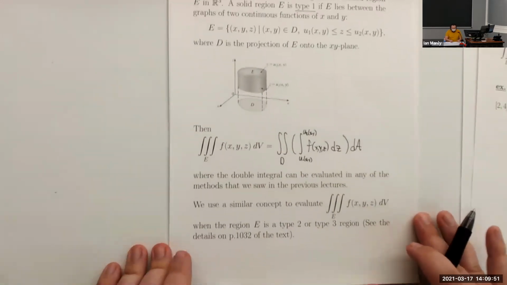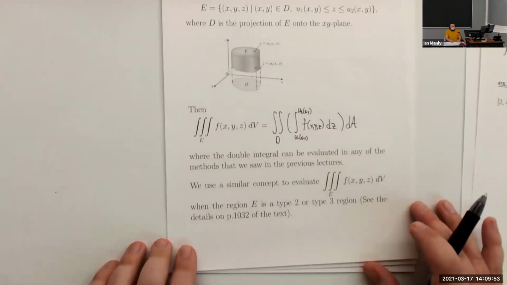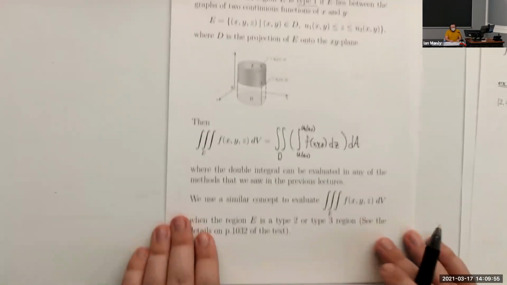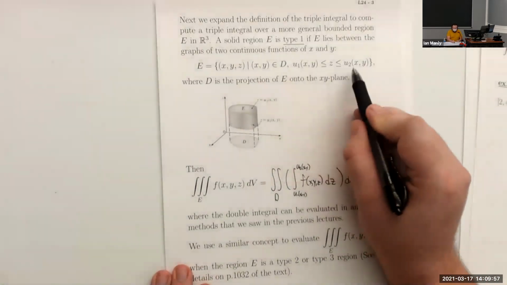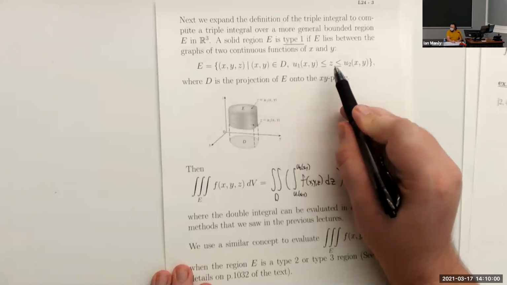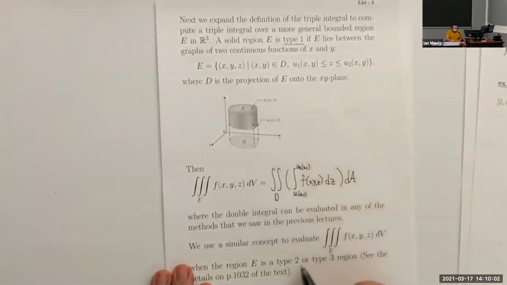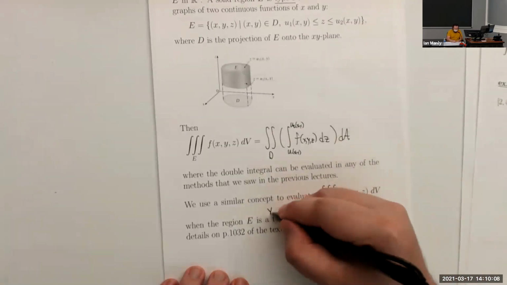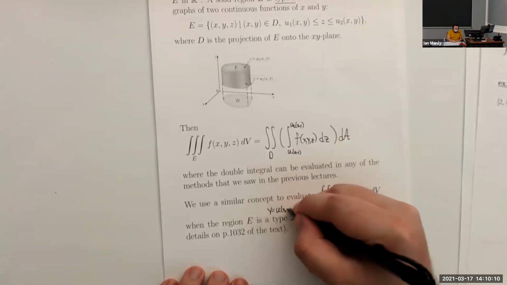That was type 1. What are type 2 and type 3? The only difference between type 2 and type 3 and type 1 here is which variable we're doing first. And to be entirely honest with you, I don't remember which one was which with this. So I guess we're just going to call type 2, we're going to have y is u of x, z.